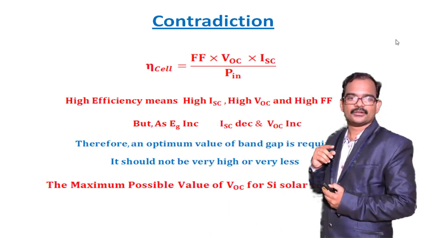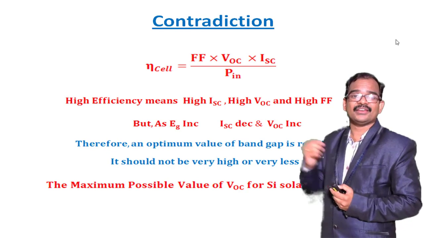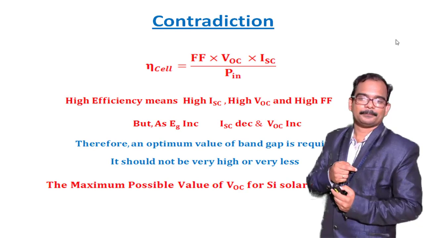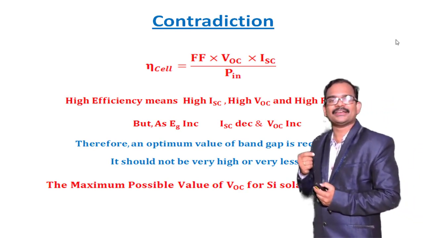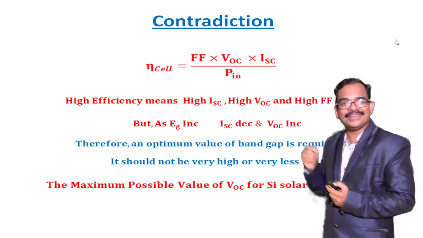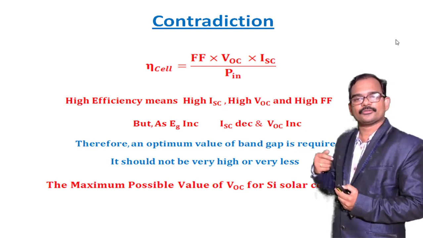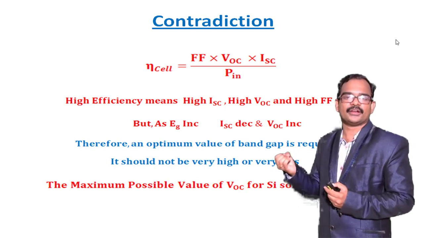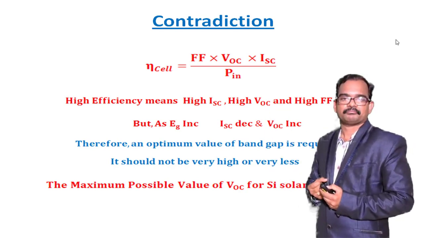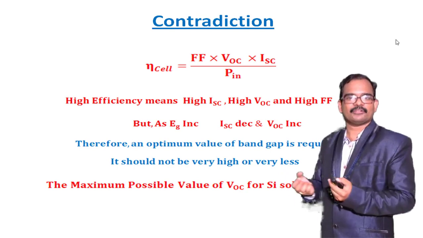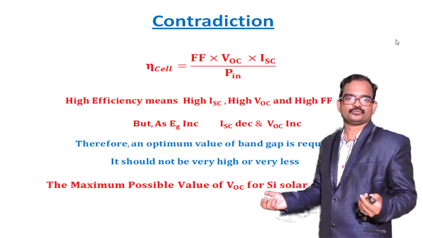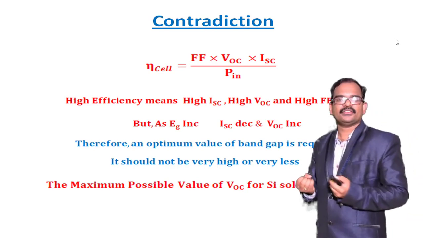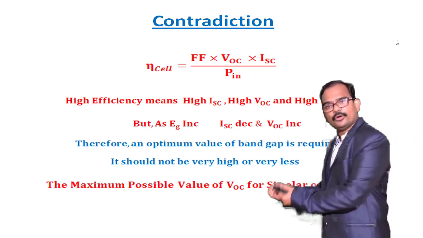Why should I not take a material which has a very low band gap, 0.3 electron volt? If I take a material having 0.3 electron volt, which is the least, then the open circuit voltage will come out to be very less, even though the short circuit current will be very high, right? And if I multiply both, the power will obviously be less, right? So, to avoid that, I should not take a material which has a very high band gap or a very low band gap.